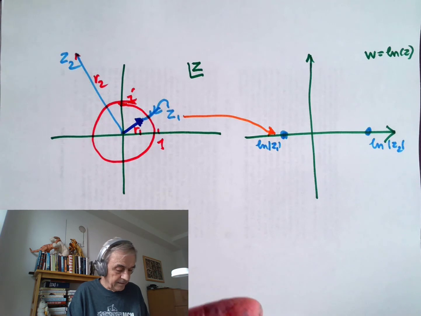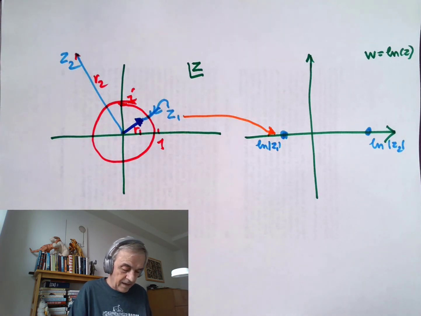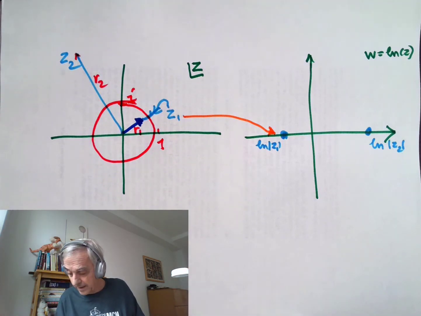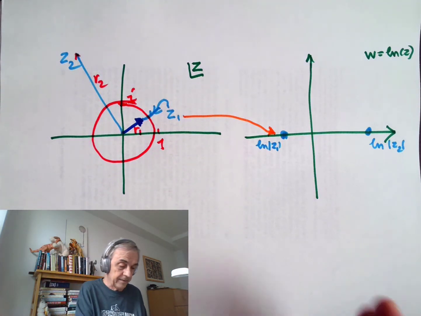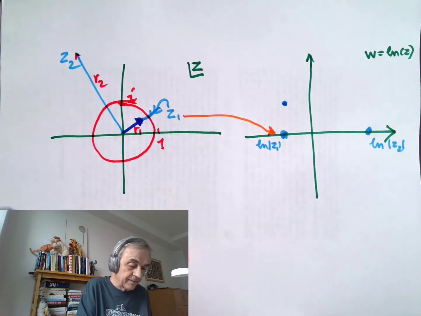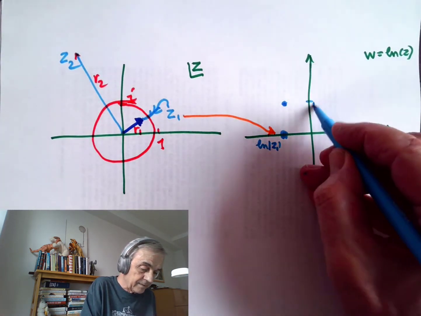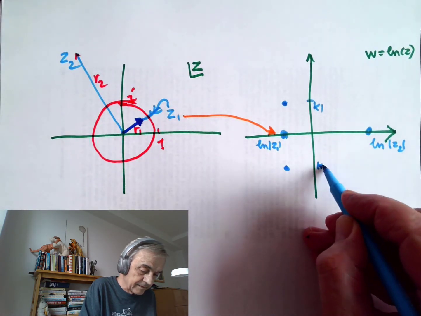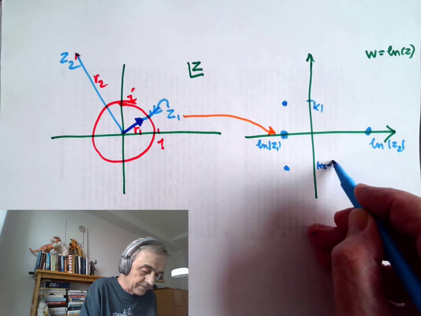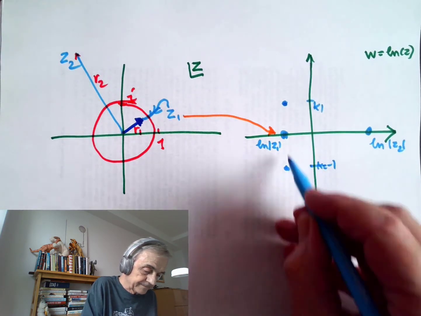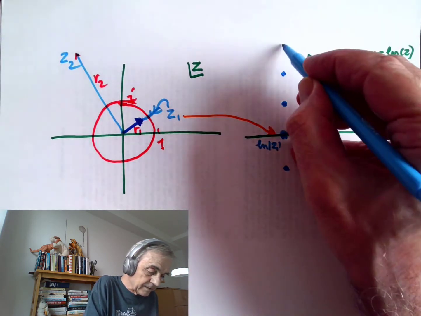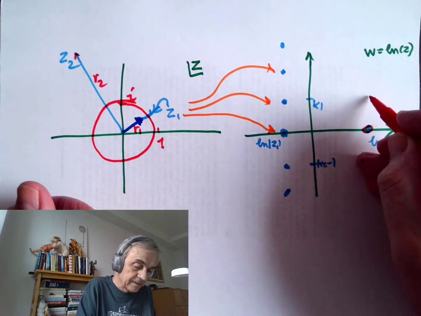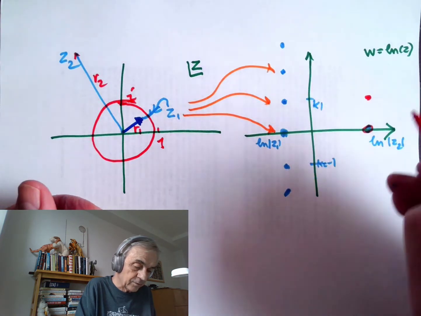But then we are allowed to add to this an imaginary number 2πk: a number here which has phase with k equals 1, a number here with k equals minus 1. So there are infinitely many of these guys. This guy z2 can have argument 0 or 2π.